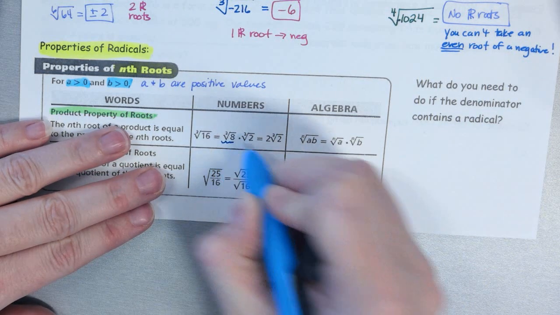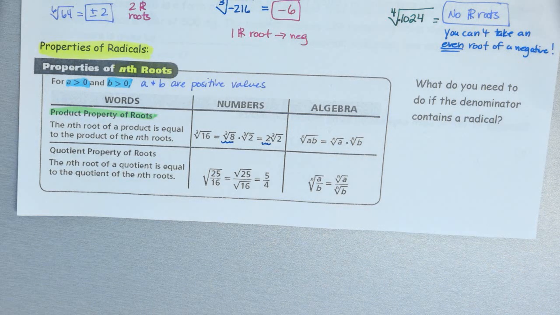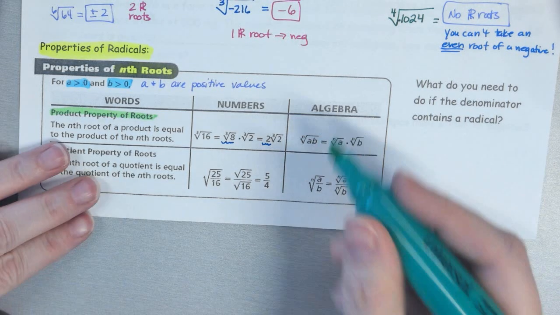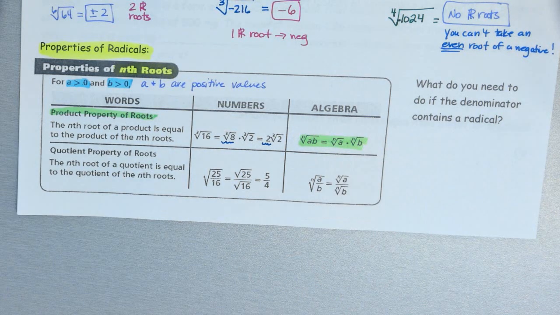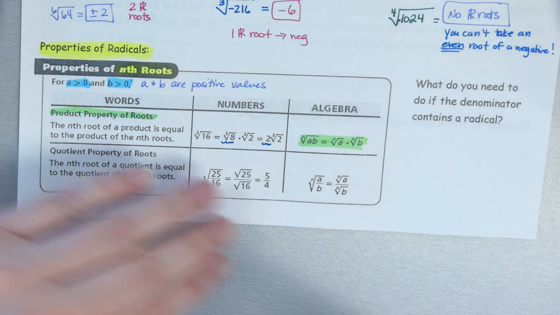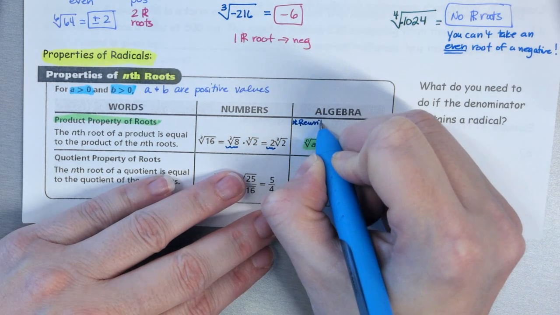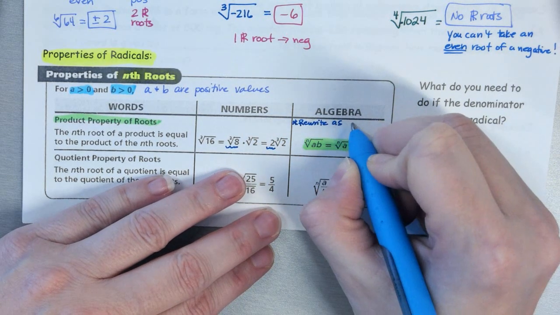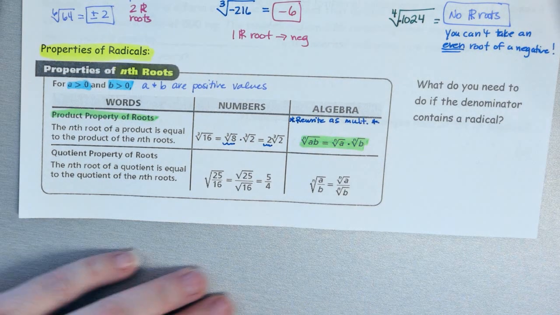Just like we were simplifying perfect squares, we're going to simplify perfect cubes, perfect fourth roots, and perfect fifth roots. So you're just rewriting any number as the multiplication of those two numbers. Rewrite as multiplication.